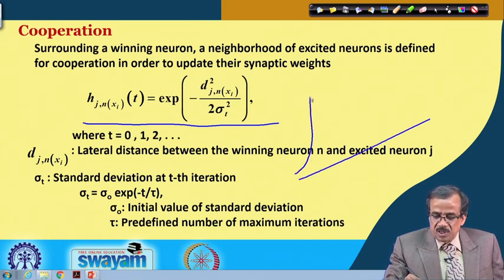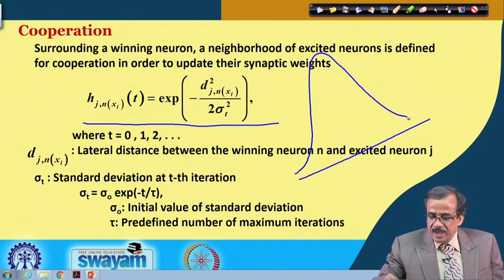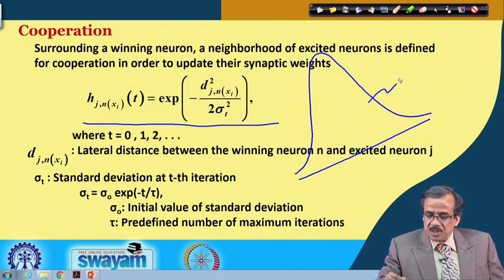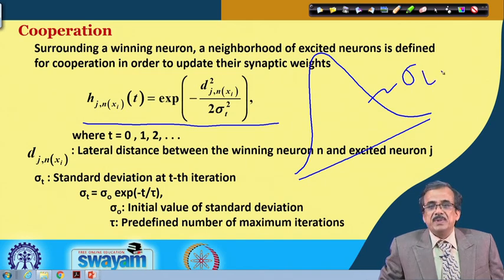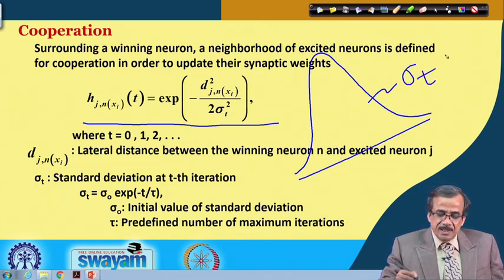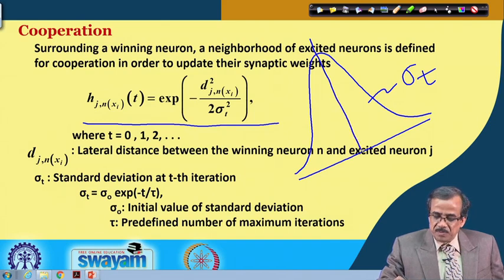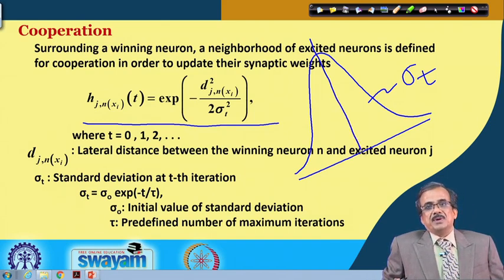So, this is the Gaussian distribution and it has the standard deviation, that is nothing but sigma t, and it has the mean. So, mean is nothing but the property of this winner.